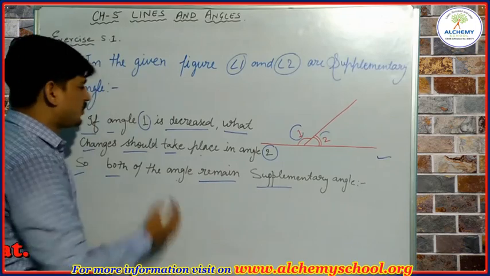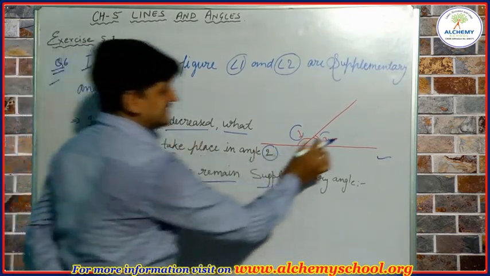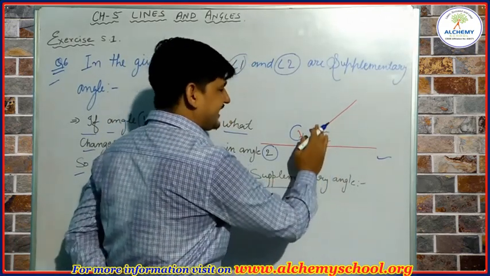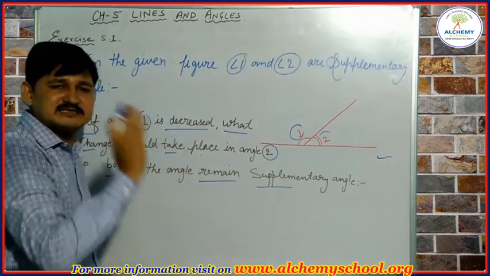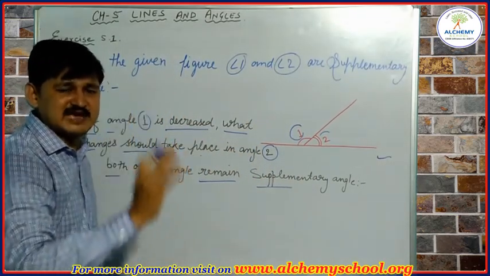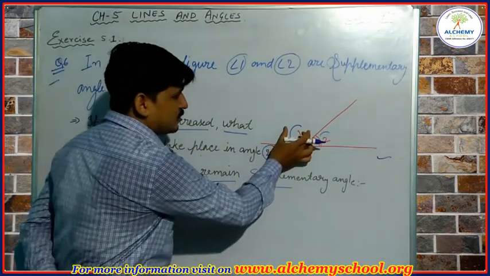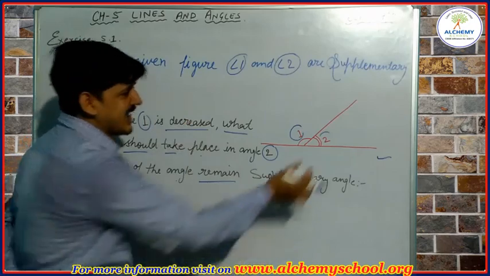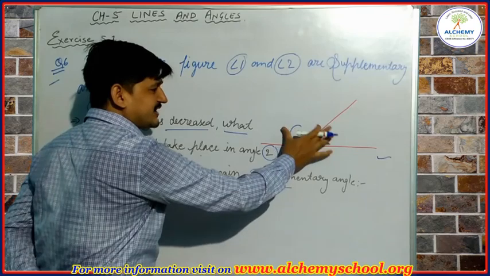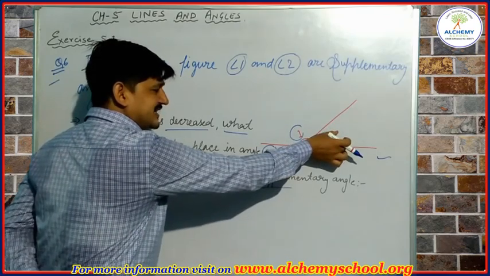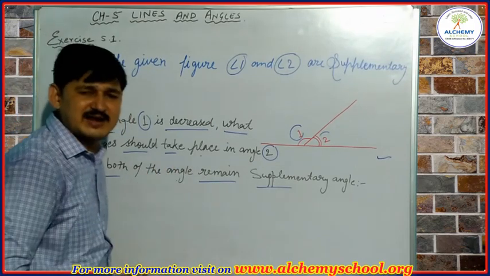Okay, so students, when angle 1 is decreased, obviously angle 2 will be increased, so the sum of two angles will remain the same. Meaning the sum of the angles should not change, otherwise they will not be supplementary angles. So if angle 1 is going to decrease, angle 2 will increase, or if angle 1 is going to increase, angle 2 will decrease, and the sum of the angles will remain the same as 180 degree.